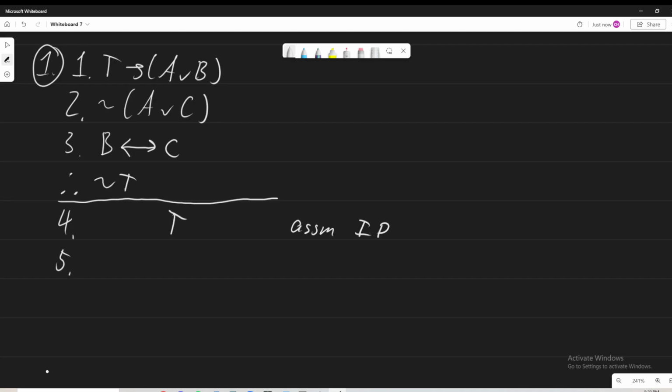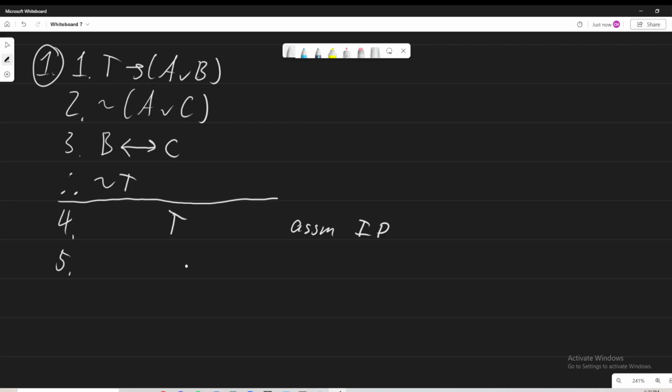And now, once we have T by itself, we can go on applying T with any of the premises and any of our rules that we've learned, as we would a normal natural deduction problem. Again, we're going to end our indirect proof once we find a contradiction. So let's go on as if this were a normal proof.